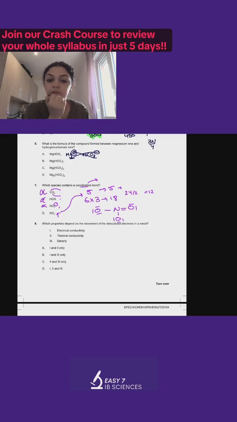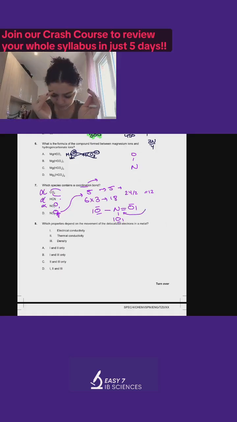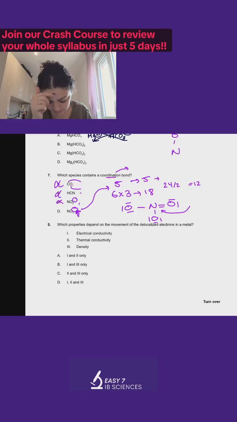So that's how we know this is a coordination bond, because we go from actually N like this, and we're adding an electron, it's negative, and therefore I'm adding this electron to what previously was, which is NO2. And I assume that's why they've added C to try to help you and understand that D is the answer. Did that make sense, everyone?